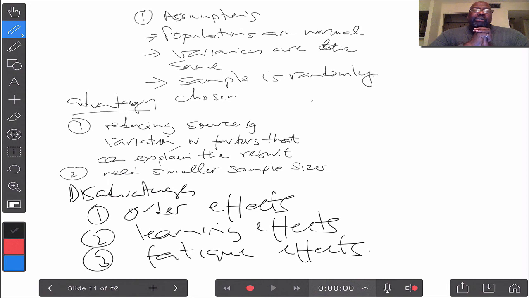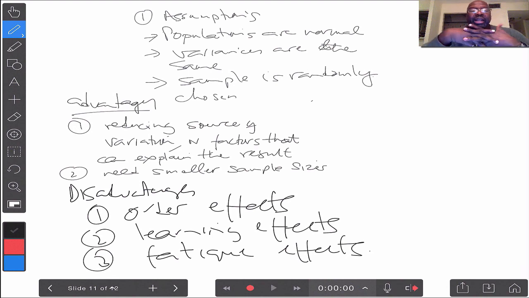So you could have order effects where the sequence of which method they use affects the outcome. Then is learning taking place as they go through? Are they getting better and better? And not just because of the methodology, but because they're familiar with the task, and so therefore that is messing things up. Are they getting tired as they repeat the experiment? So those are some examples of the potential disadvantages, and they tend to show up more in experiments involving human subjects.